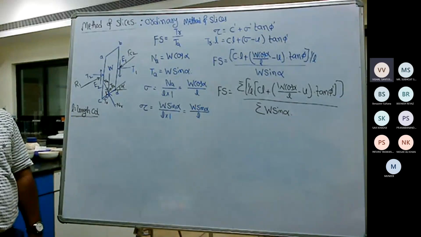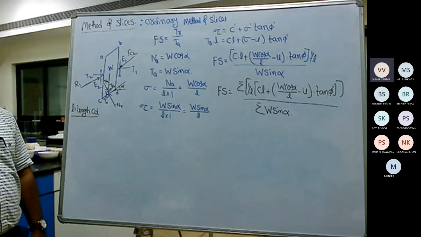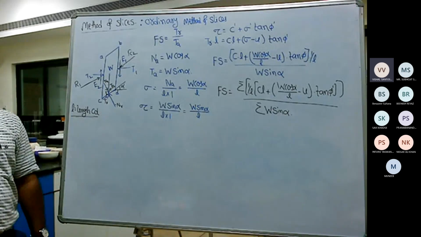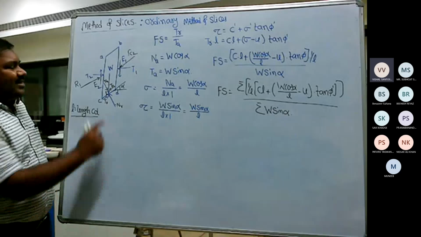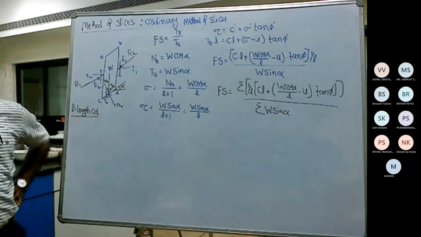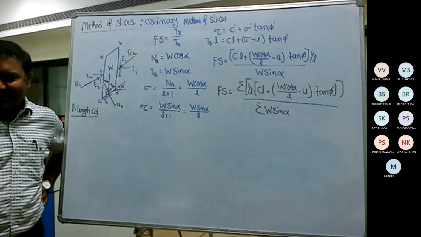Sir, TR is shear stress and NR is the shear strength parameter, sir. We can derive from NR, sir. TR is shear strength, TA is shear stress. Just recall the previous lectures.